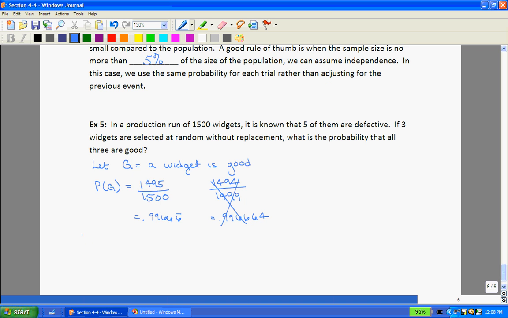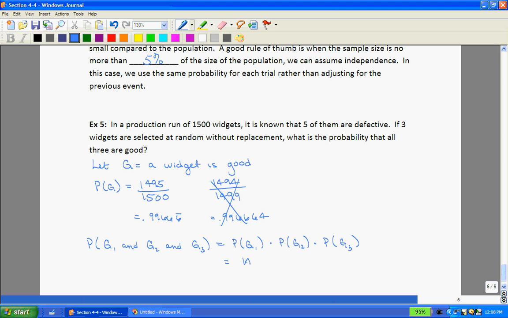So essentially what we're finding is the first one is good and the second one is good and the third one is good. Assuming independence, we can just multiply the probability that the first one is good times the probability that the second one is good times the probability that the third one is good.